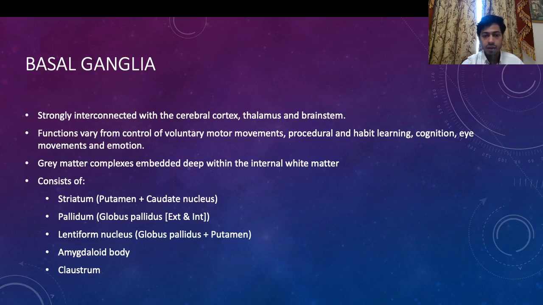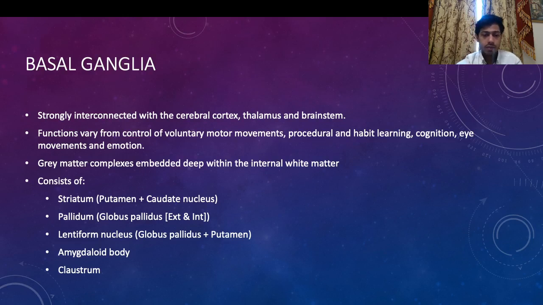And in terms of its cellular structure, it's made up of grey matter complexes which are embedded deep within the internal white matter, and it's made up of 5 different things. It's made up of the striatum, the pallidum, the lentiform nucleus, the amygdaloid body, and the claustrum.